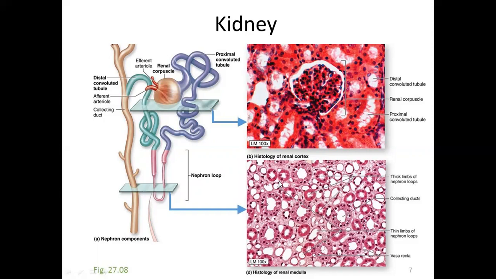And in between them, there are lightly stained areas, compared to the thick loop of the nephron, where the borders of the cells are clearly demarcated. These are the cross sections of collecting ducts. So these are the three different things we have to look at in the renal medulla, and above that, three different structures in the renal cortex as well within the kidney.